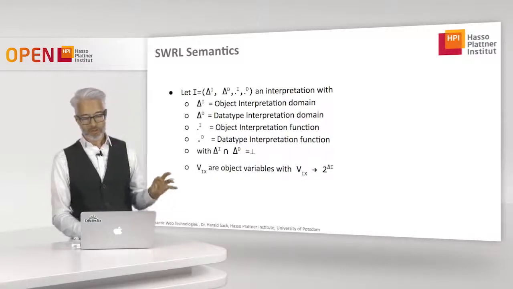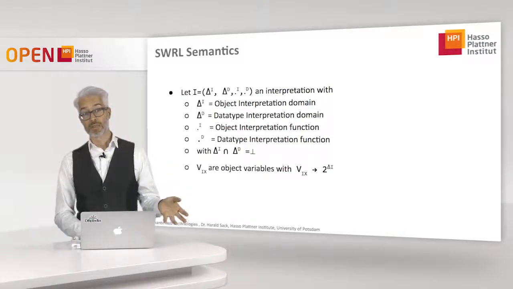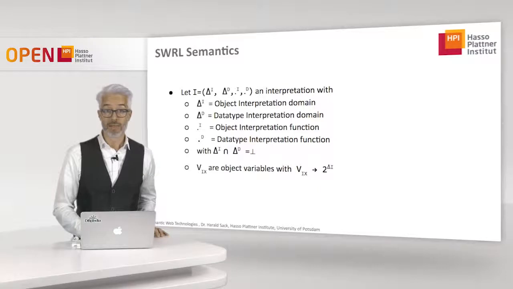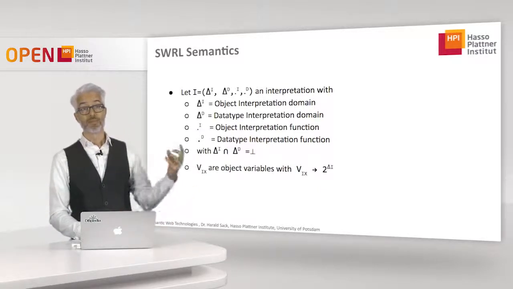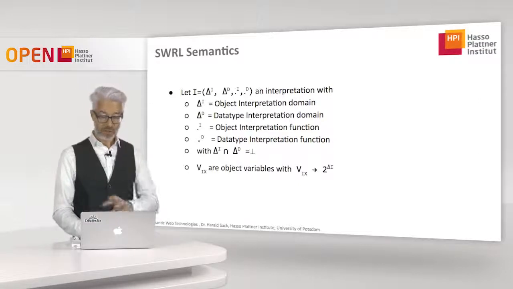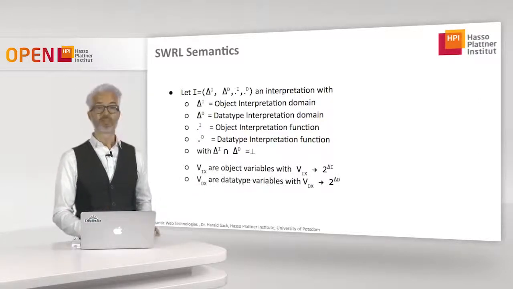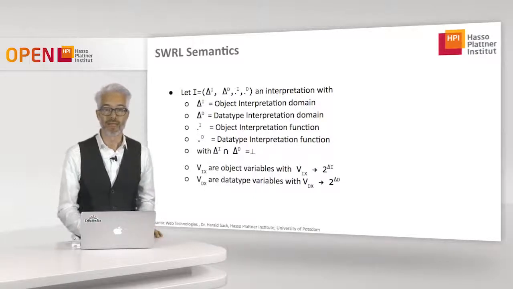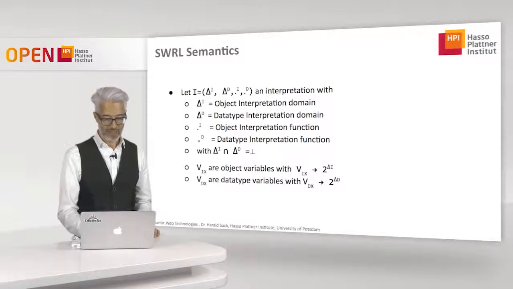Then, of course, we also consider variables, and we distinguish between object variables, V sub IX, which map to the object interpretation domain, individuals which are there. And we have V sub DX, which are data type variables, and they are mapped to the data type interpretation domain.